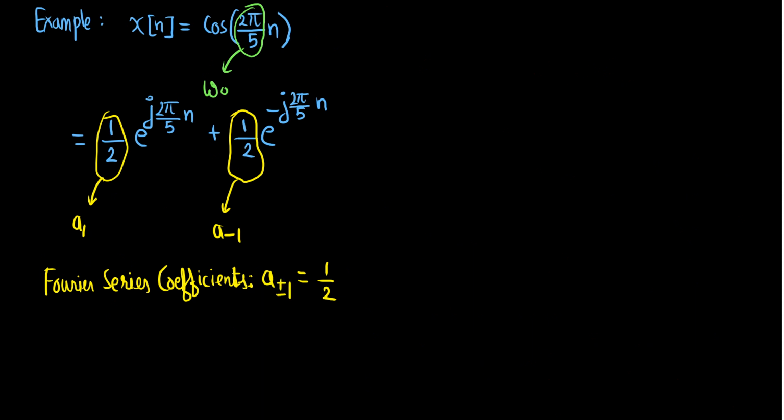We can calculate the Fourier transform as X of omega equals 2 pi times the summation ranging over k, because the other k's are 0, so k equals plus minus 1, a_k delta of omega minus k omega naught, and we know this omega naught is 2 pi by 5.